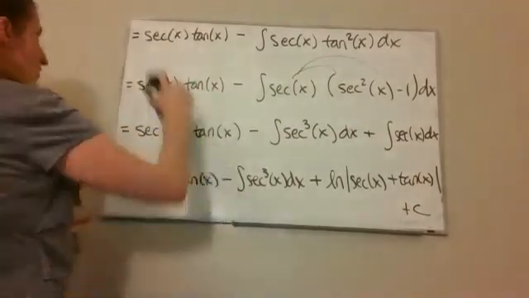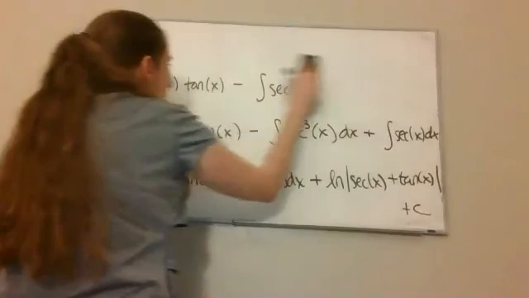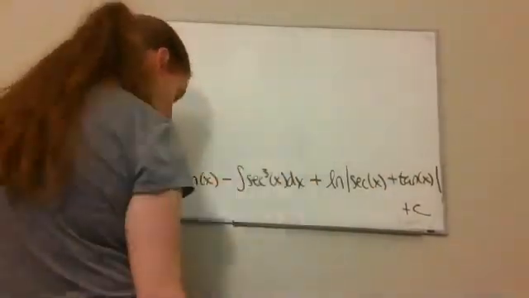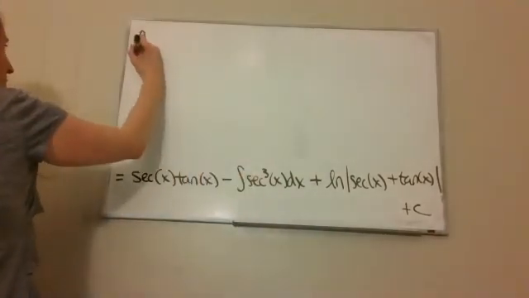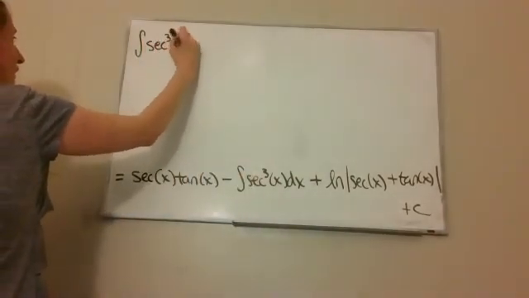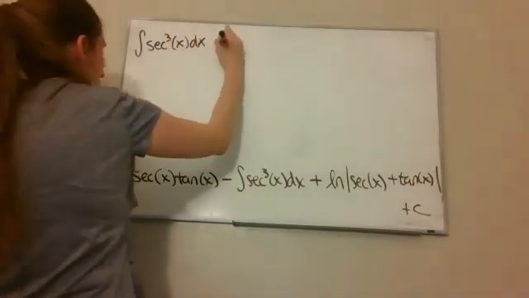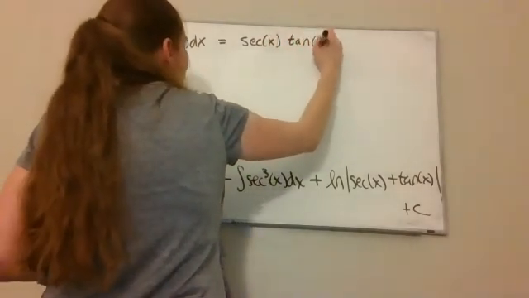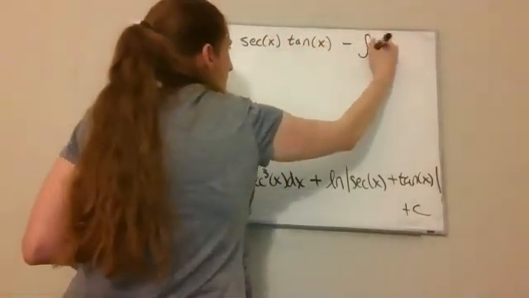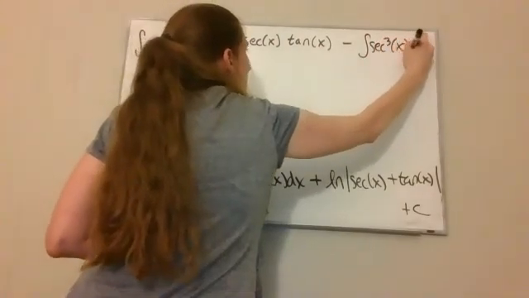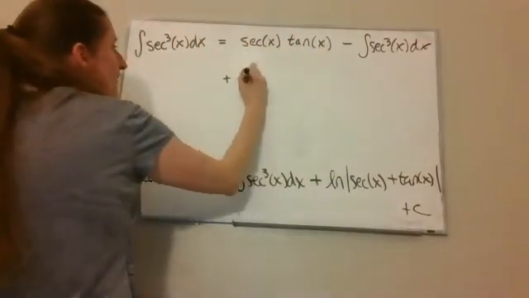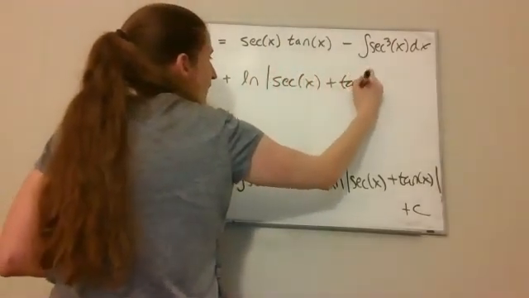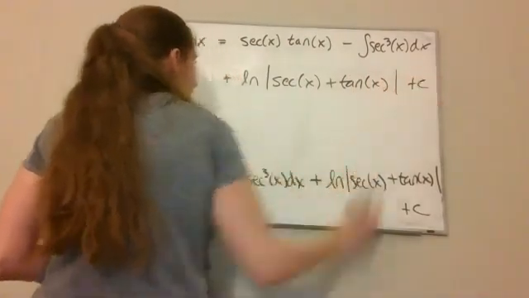So now let's just rewrite the entire problem where we are, because now it's just algebra to finish it up. So what we have at this point is the integral of secant cubed is equal to secant x tangent x minus an integral of secant cubed plus a natural log of absolute value of secant x plus tangent x plus a constant.